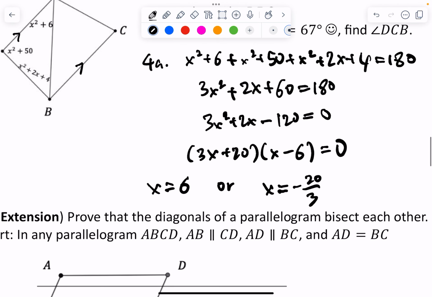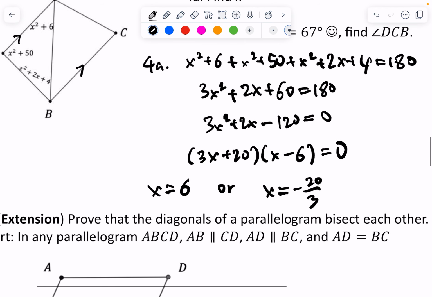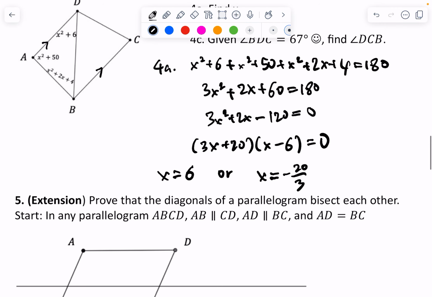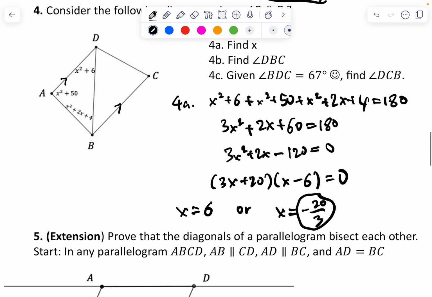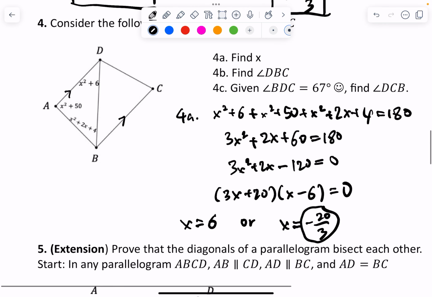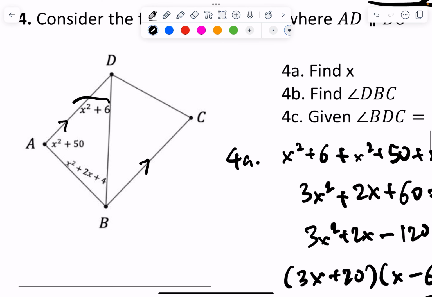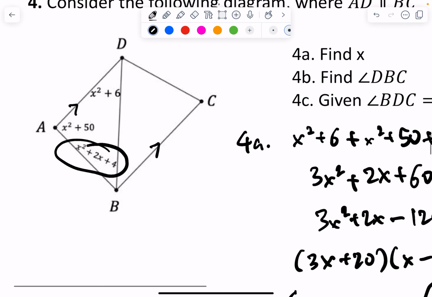However, you would have to check for extraneous solutions. So if x were negative 20 over 3, would that work? If x is negative 20 over 3, this angle would be positive. This angle would be positive. This angle, would it be positive?